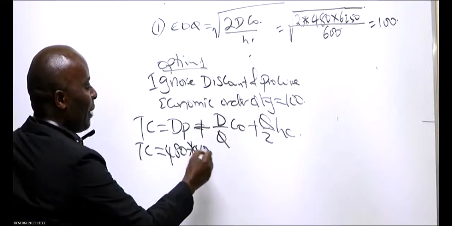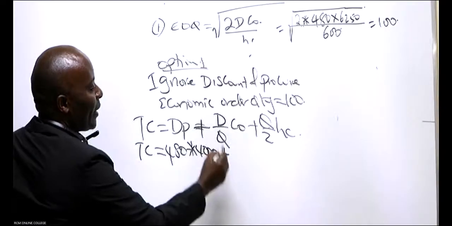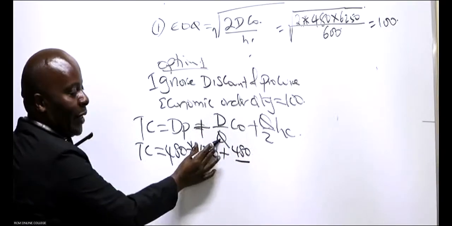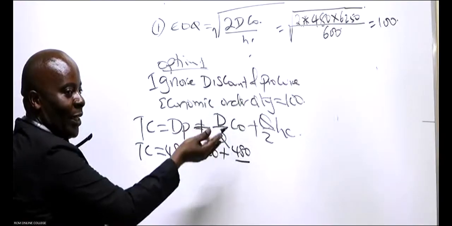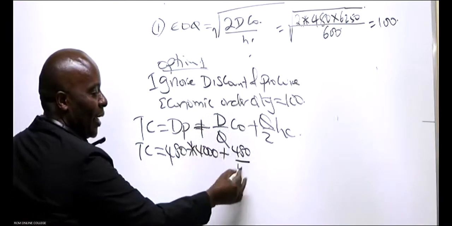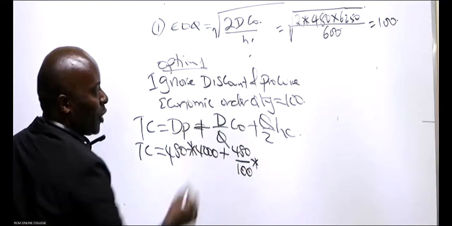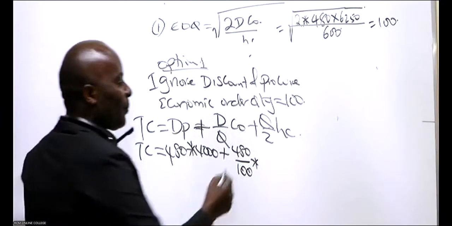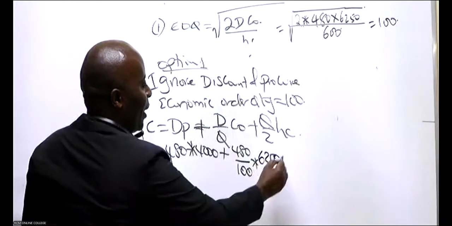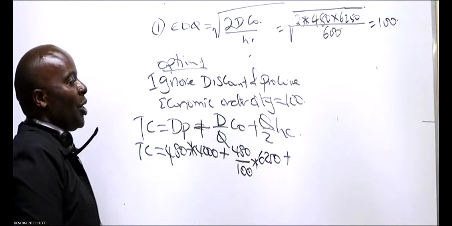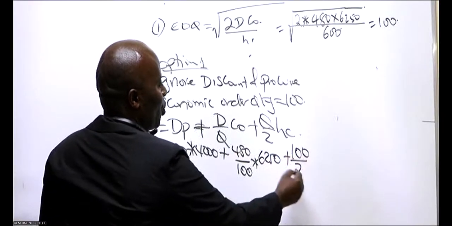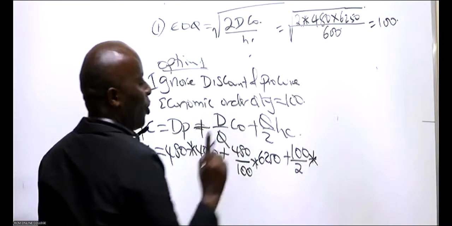So 480 times 4,000, plus annual demand 480 over the EOQ quantity, times cost per order, 62.50, plus Q, which again is 100, over 2 times holding cost per unit.